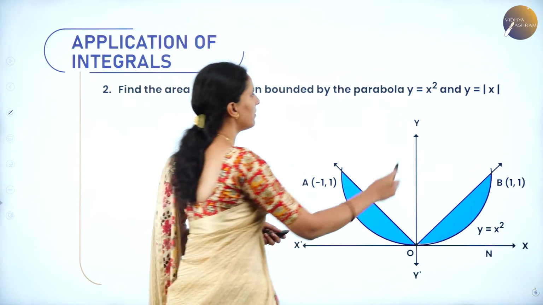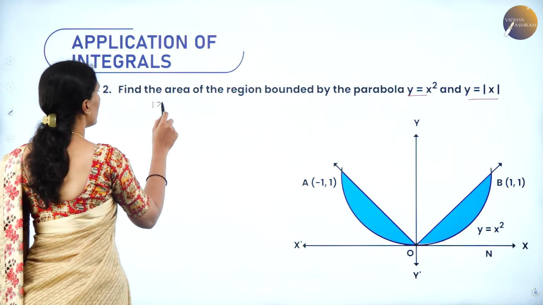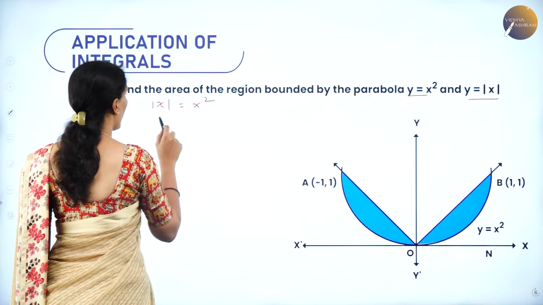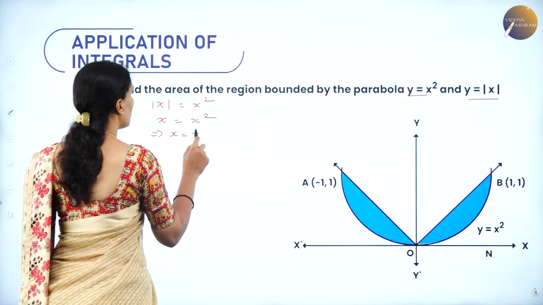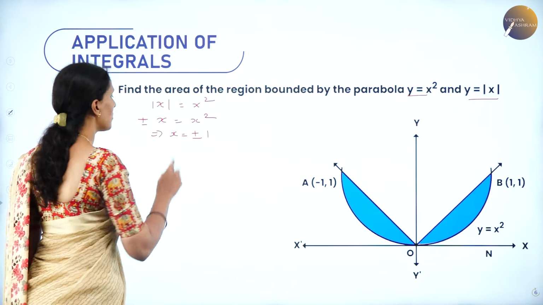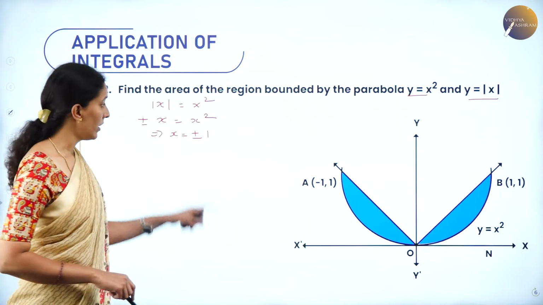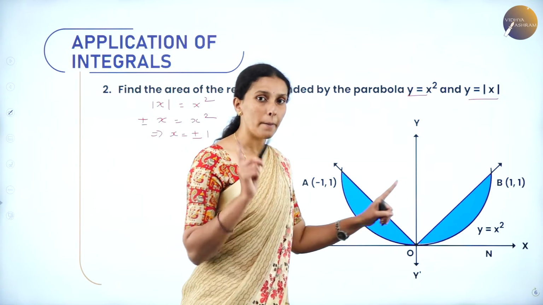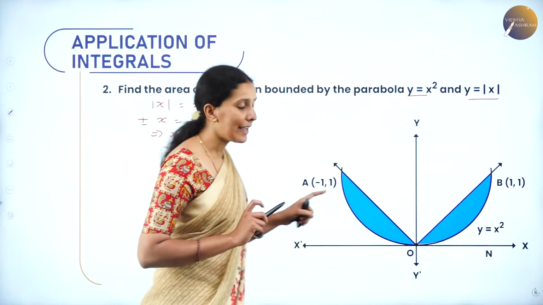Now here from the two equations we can see mod x is equal to x square, or we can say x is equal to x square. This implies x is equal to plus or minus 1, because modulus x can also be taken as plus or minus x. That means both the curves meet at the points minus 1 and 1 where it is x coordinate.